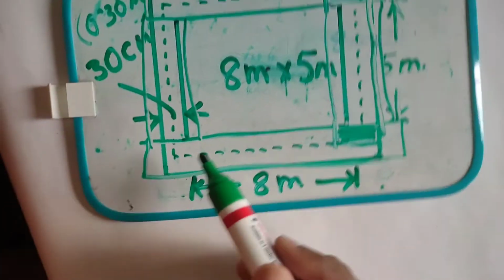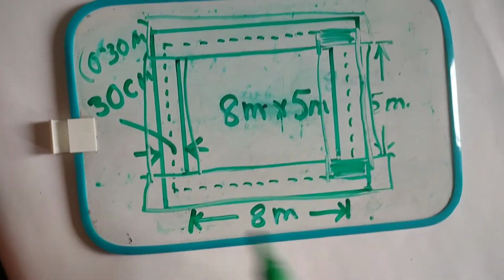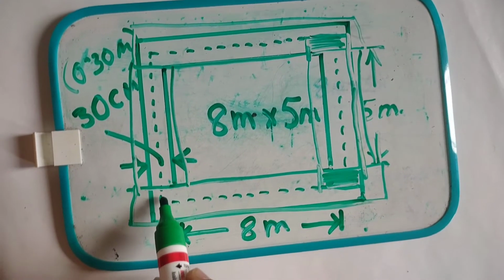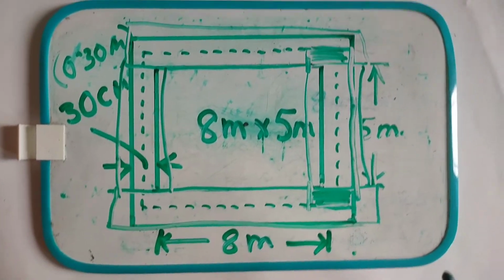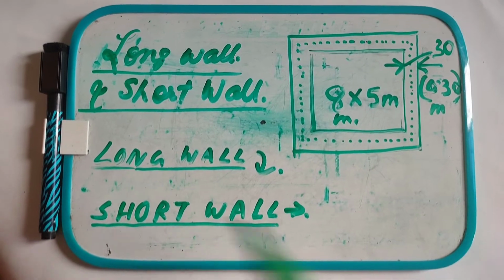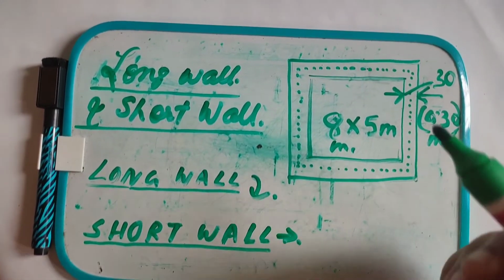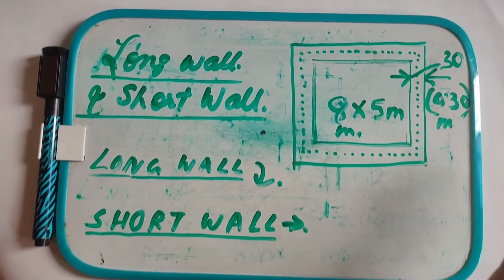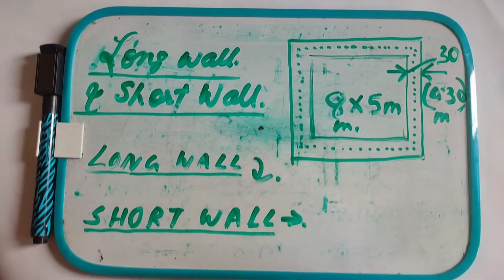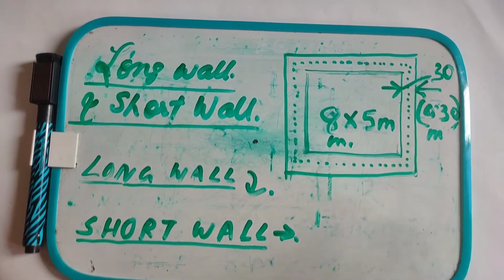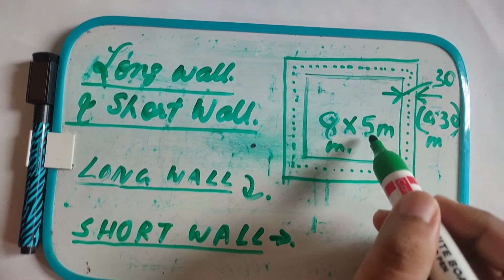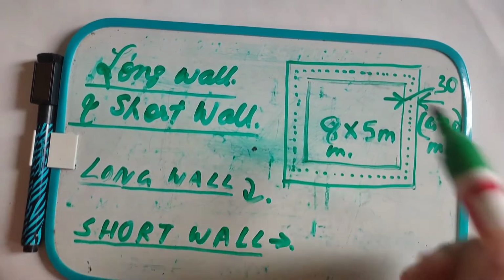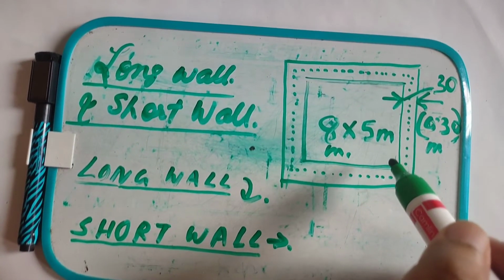And similarly in case of long wall, 8 plus 15 this side and 15 that side also. I hope you got this. So now we can finally calculate the long wall and short wall. Just remember external faces for long wall, the first dimension is always considered as length, the second dimension is always considered as breadth, and these are the internal dimensions.